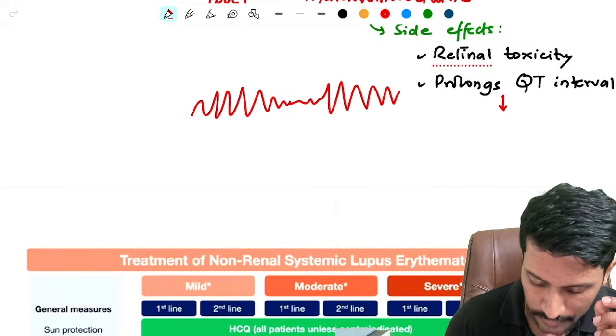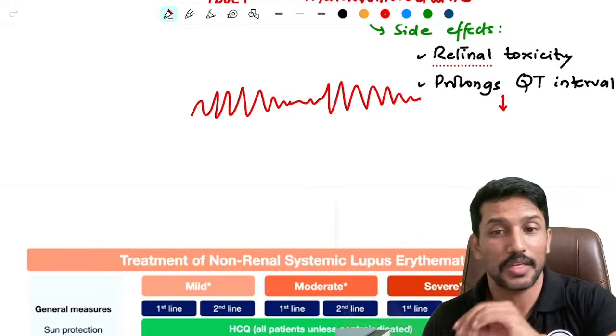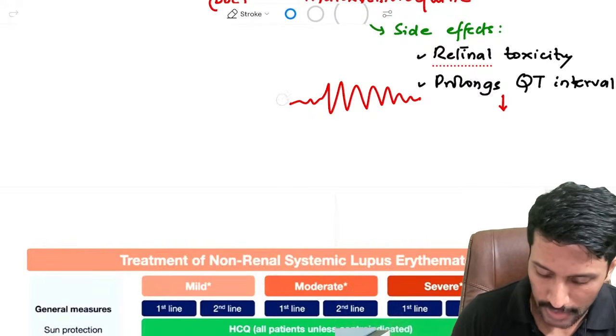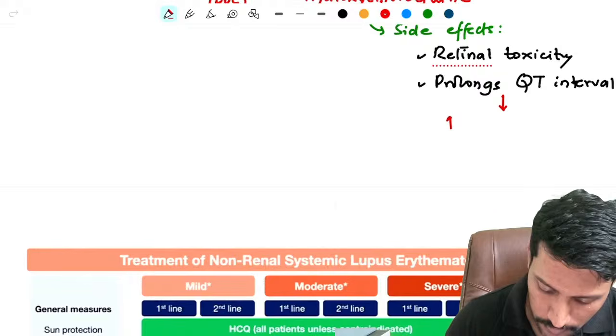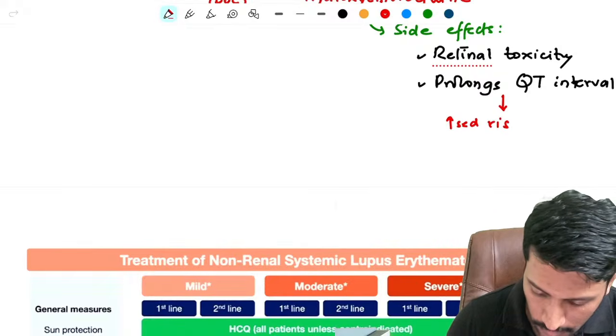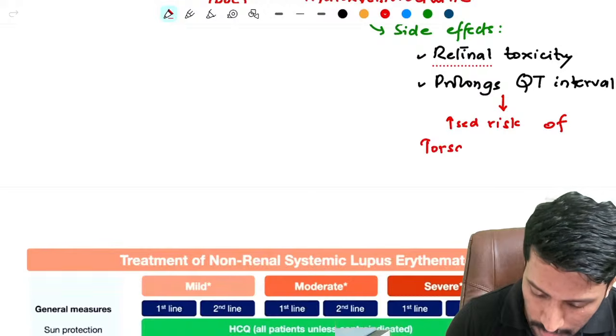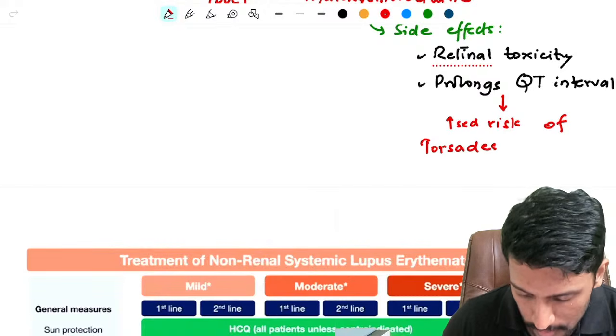It looks like the waveforms that we used to sketch in the physics classes. What do we call this type of polymorphic VT? Risk of a type of polymorphic VT called Torsades de Pointes.